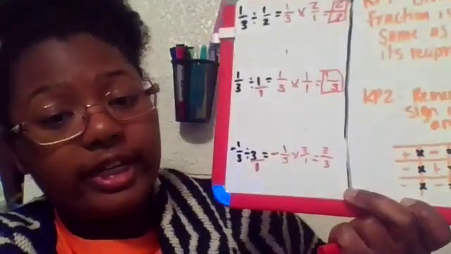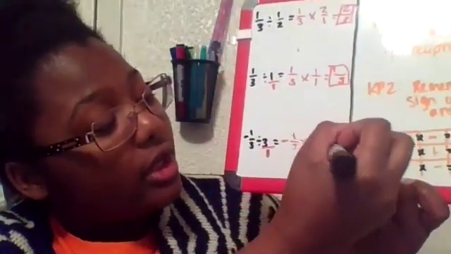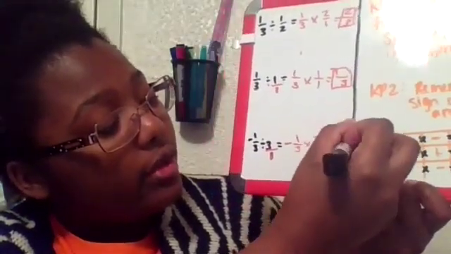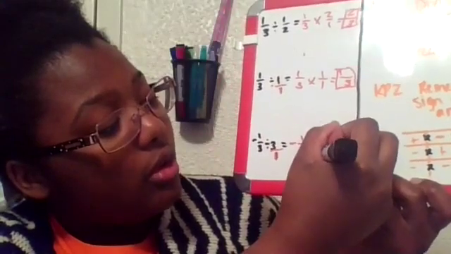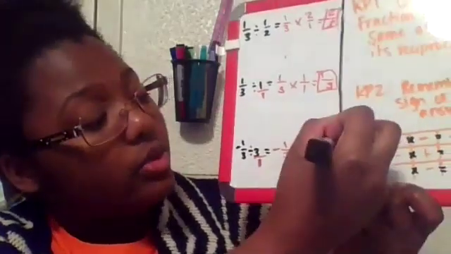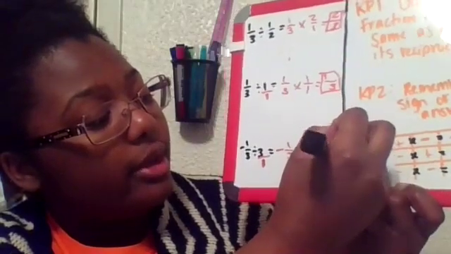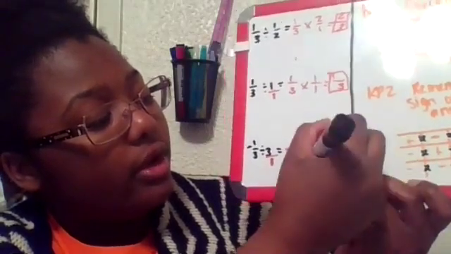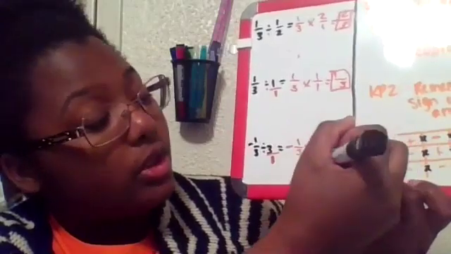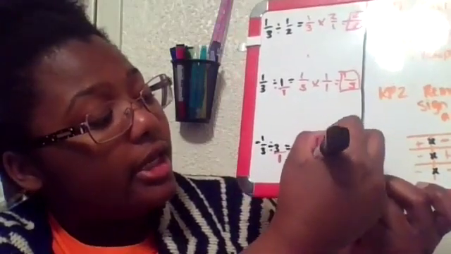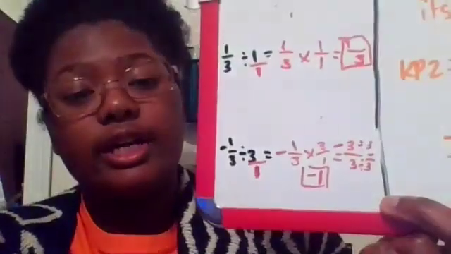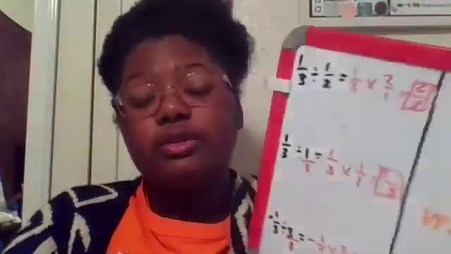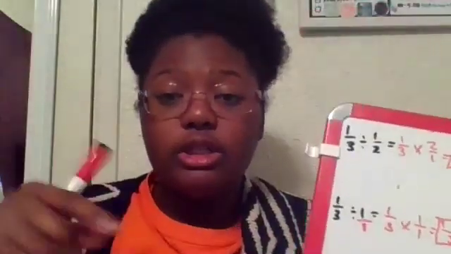Oh, what did I forget? I forgot my negative. So we have a negative 3 over 3, which is equal to negative 1. Because 3 divided by 3, you get 1 over 1, which turns into 1. But make sure you put that negative, so we should have negative 1 for our answer. What I want you to do is go ahead and answer the 2 questions on the bottom.